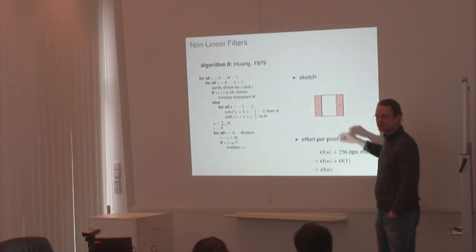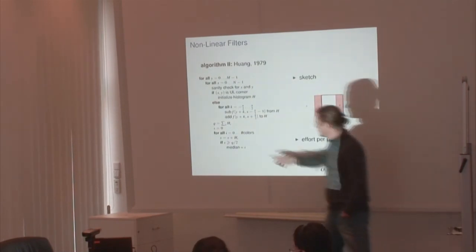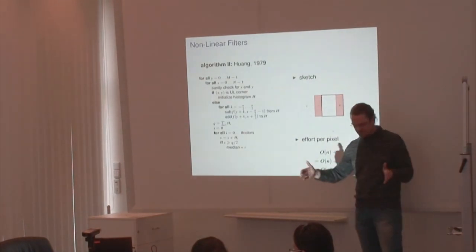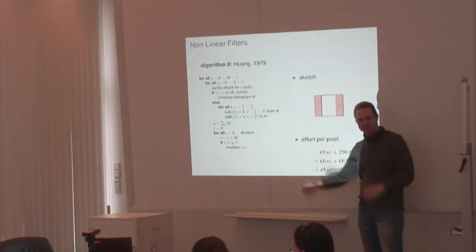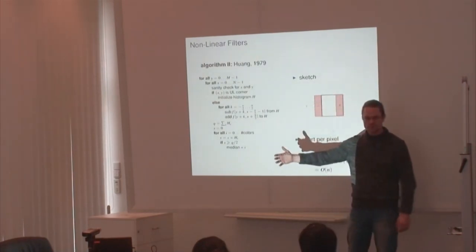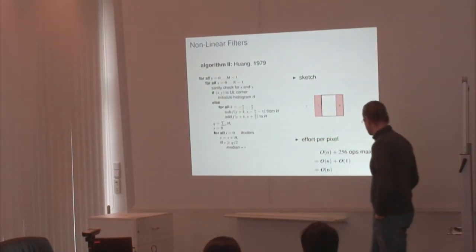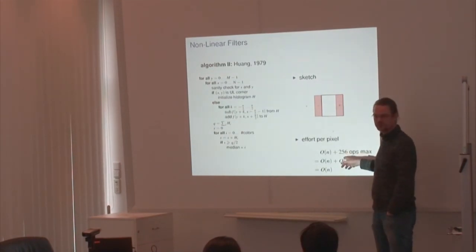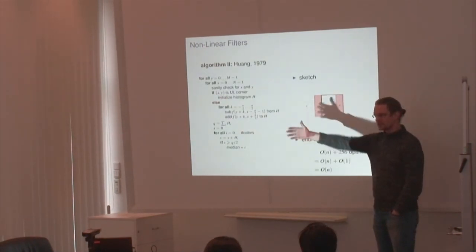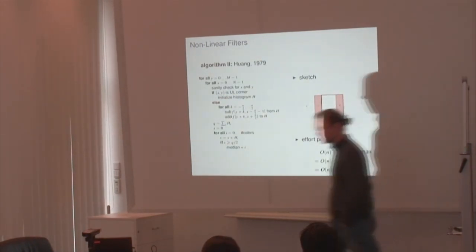That is to say, if we are computing this, the histogram contains 256 bins, and we have to do some summation over these histogram bins. So at max, we would have to do 256. That is if the median is actually 255. It can happen that all the pixels are white, and we have to go through the histogram.